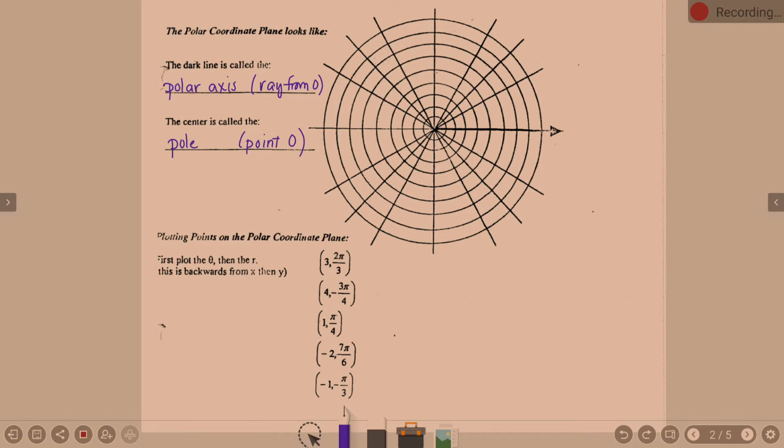Okay. Yeah, I definitely think we're going to do some labeling here. So, what do we know about our polar axis? It has a measurement of 0, right? And you will notice, because we're talking about theta here, we are going to talk in radians.